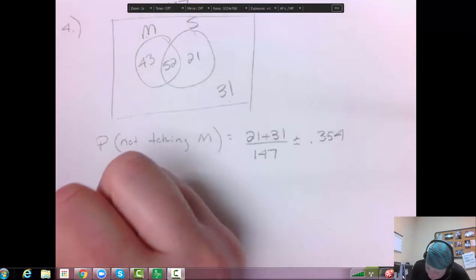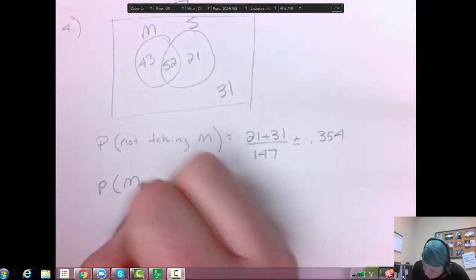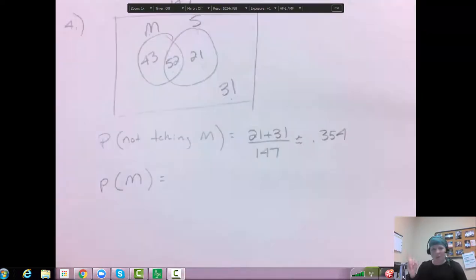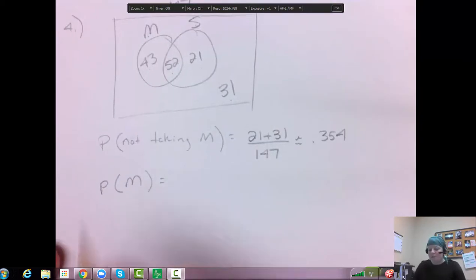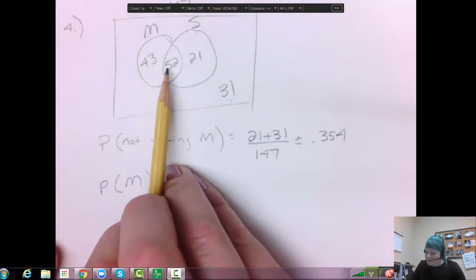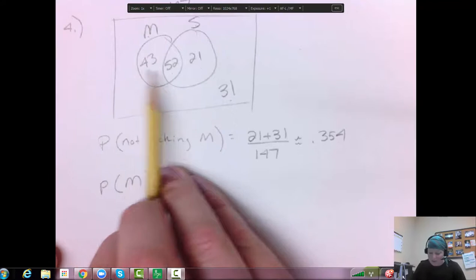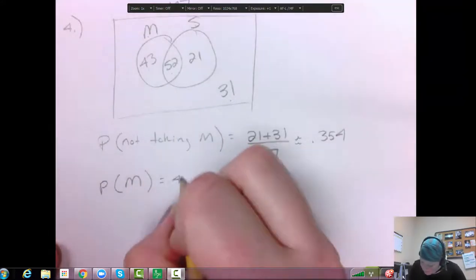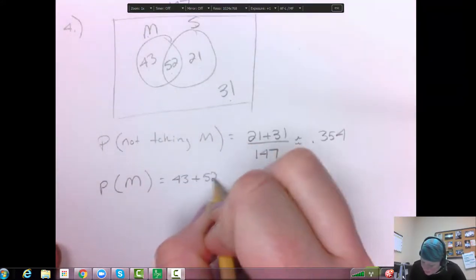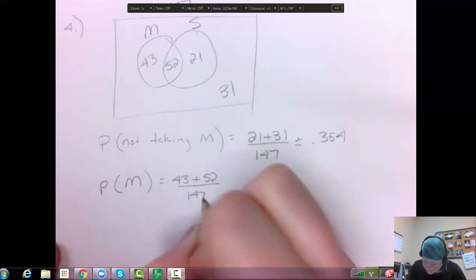What about the probability of the people taking math? How many people totally are there taking math? Well, this one's both, right? So they're still in a math class. So you have to add these two, 43 plus the 52 over the 147.